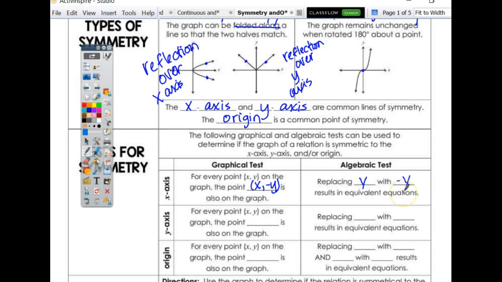So we're going to replace my y with a negative y if it is reflected over the x-axis. So if we do the y, and the origin, we do both.